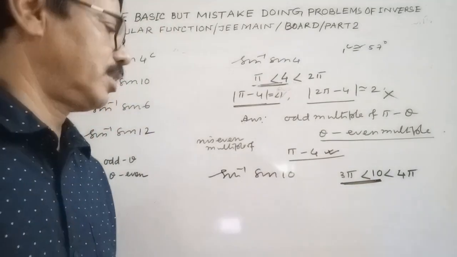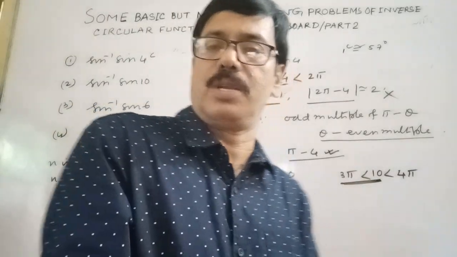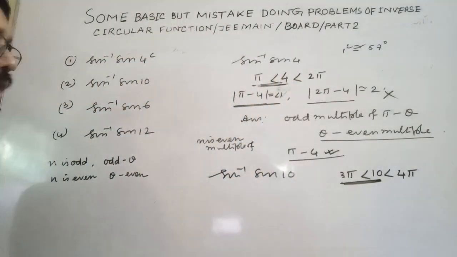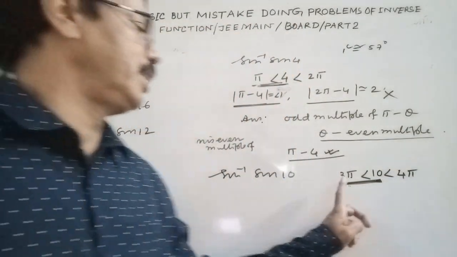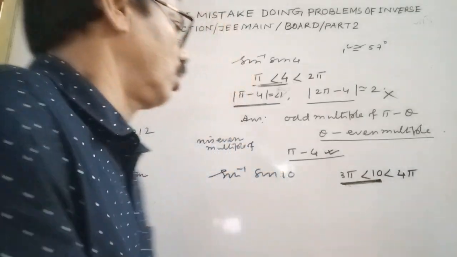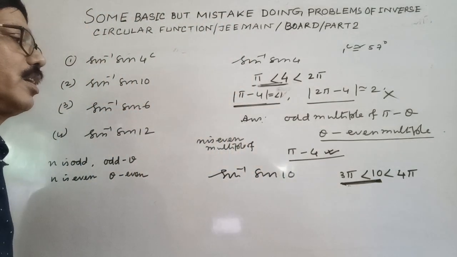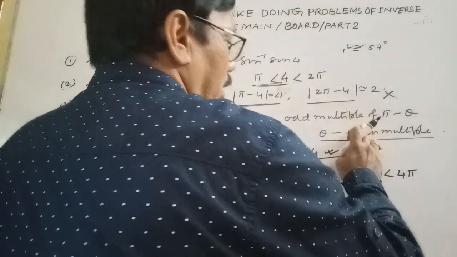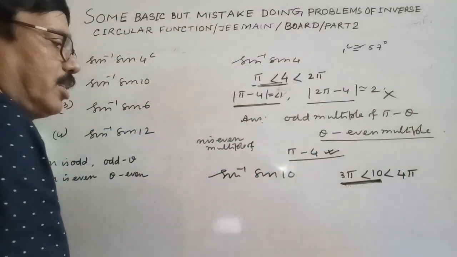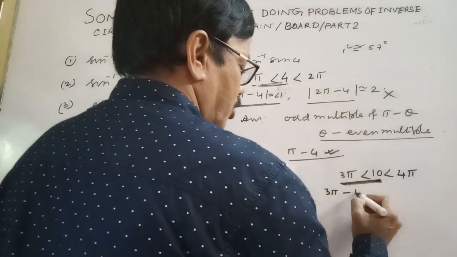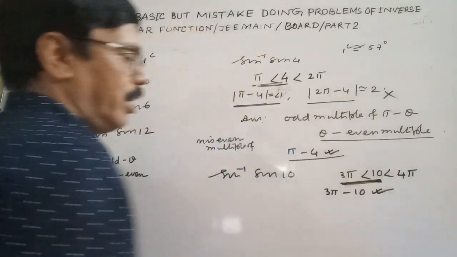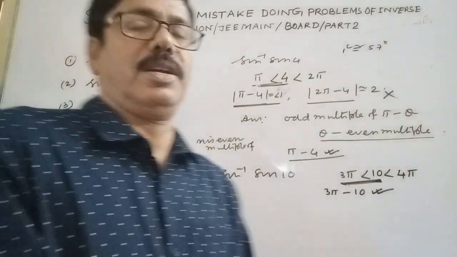You consider the difference taking pi equal to 3.14. So you are getting this difference as small. So what is our answer? The answer is odd multiple of pi minus theta. So the answer is 3 pi minus 10. What is the answer? 3 pi minus 10.